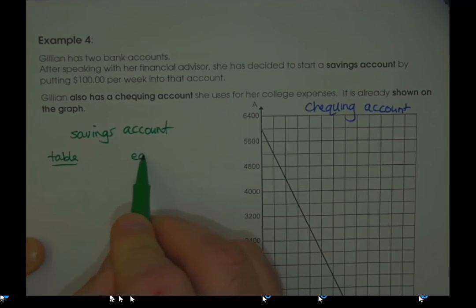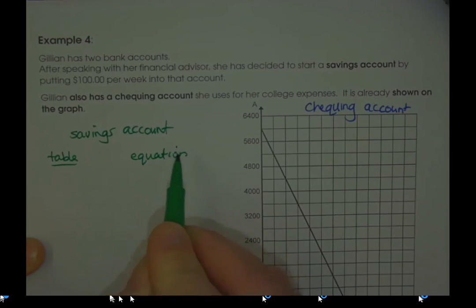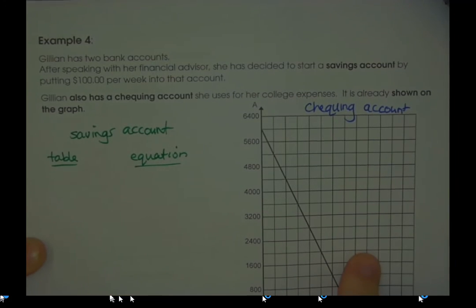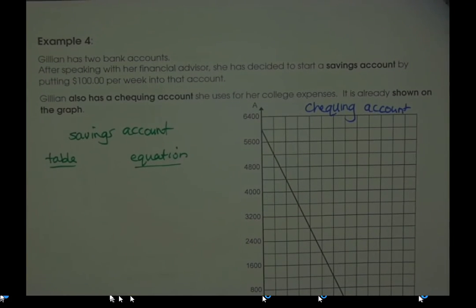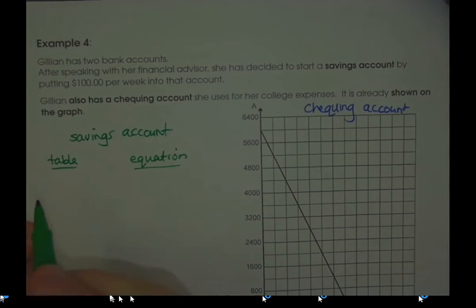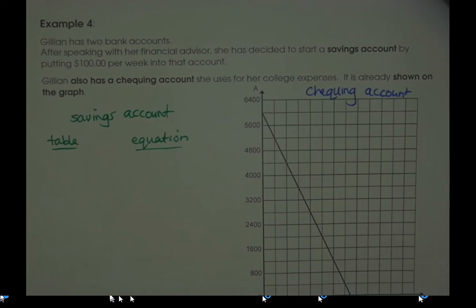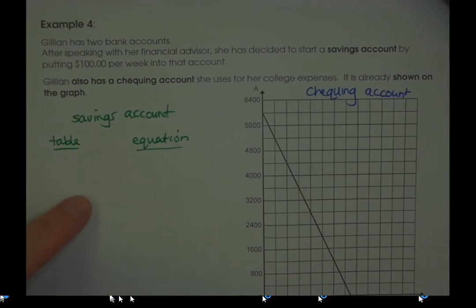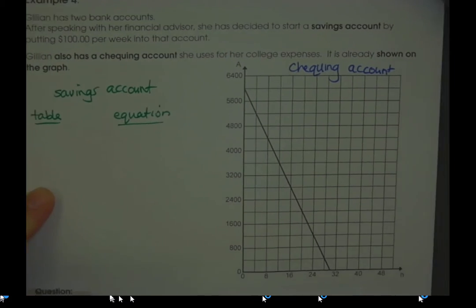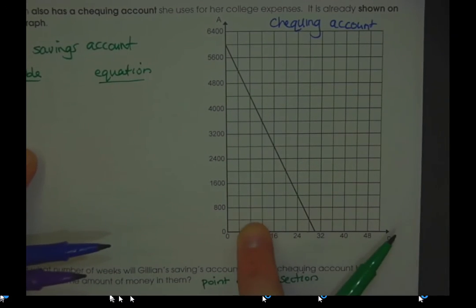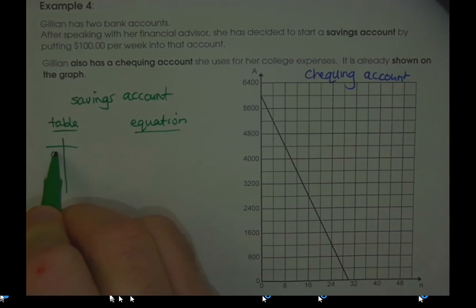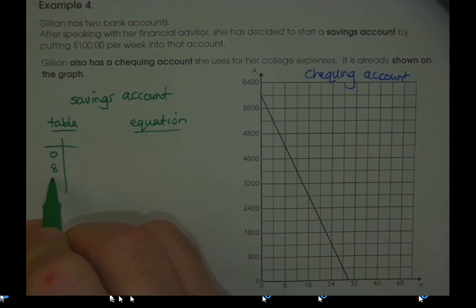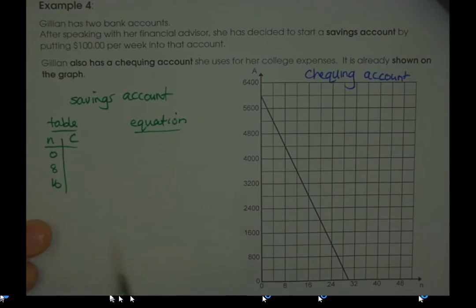Some people may do an equation. Some people may put it over here and graph the line based on these two. All of them make perfect sense. All right, so what I'm going to do is I'm going to push pause. I want you to determine what the table will look like, maybe based on some of these numbers. So if I was doing maybe 0, 8, 16, determine how much money is going to be saved.